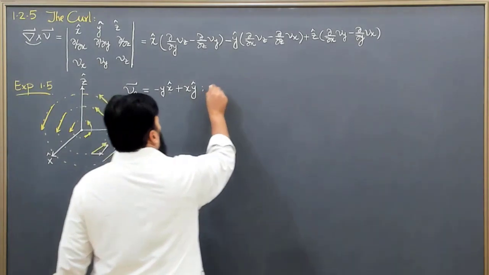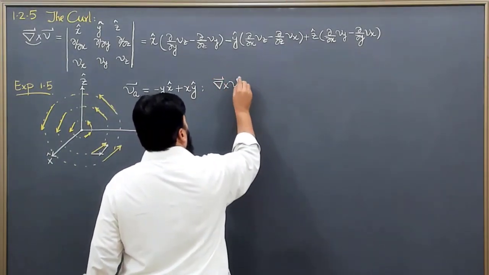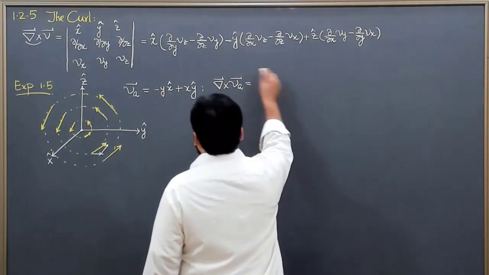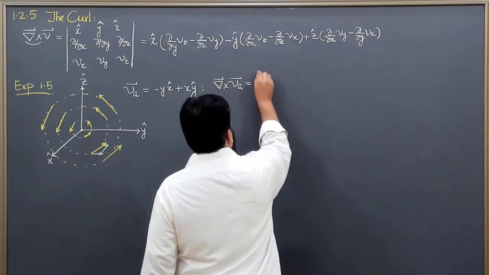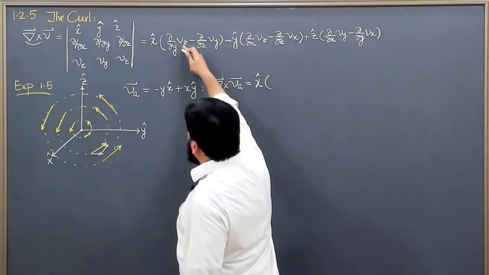So its curl will be equal to del cross VA, and this is equal to, first we have the x component. This is the x component, and now ∂/∂y of the z component.